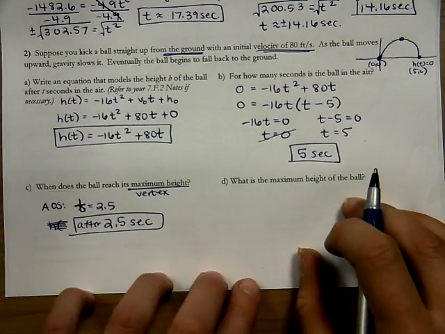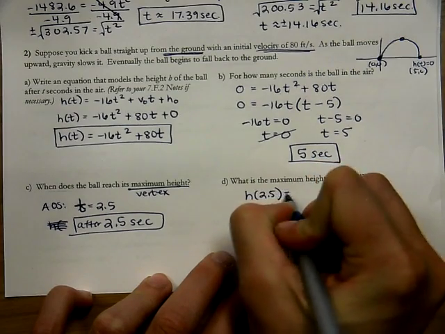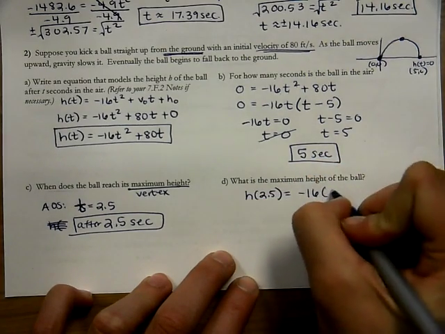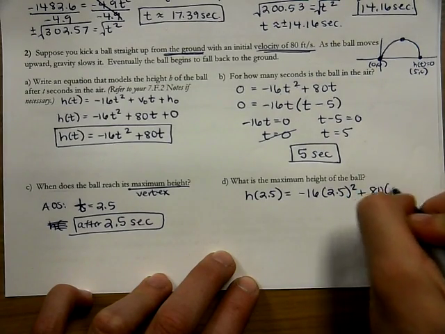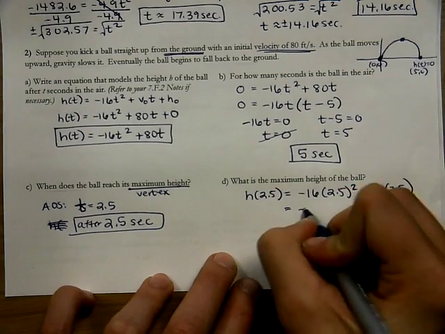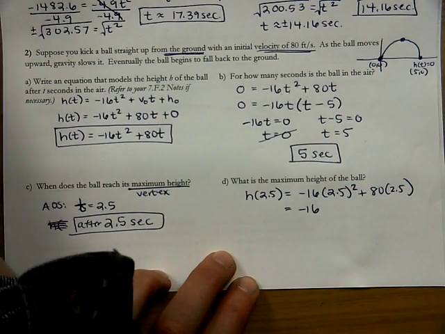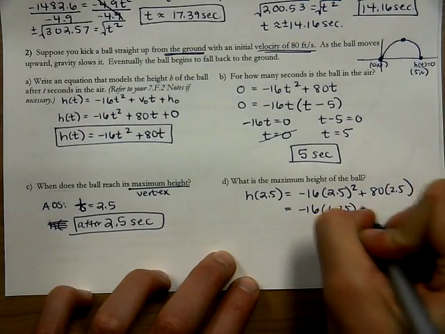Now part D asks me what is the maximum height, so now I have to substitute that in, h of 2.5, and I just substitute that in for t. Again, we want to make sure we're using order of operations to simplify this, and when we do that, we square that first as negative 16 times 2.5 squared, what do we get? What was that, 6.25?